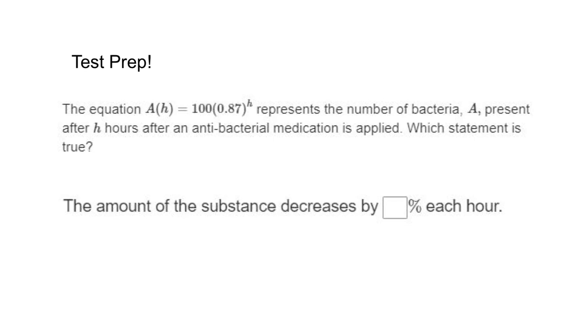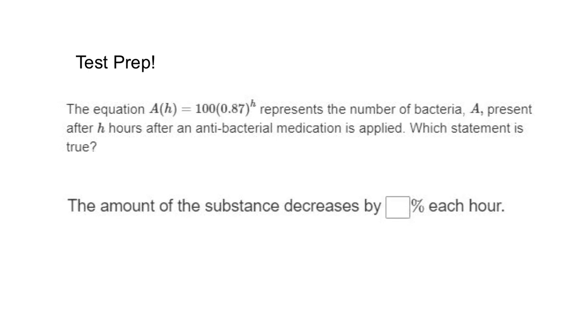And then this one gives us this function, and it says this equation represents the number of bacteria present after H hours after an antibacterial medication is applied. Which statement is true? The amount of the substance decreases by blank percent each hour. So when you look at this, you know the part that tells you how much it's decreasing is the 0.87. But it is not decreasing by 87%.